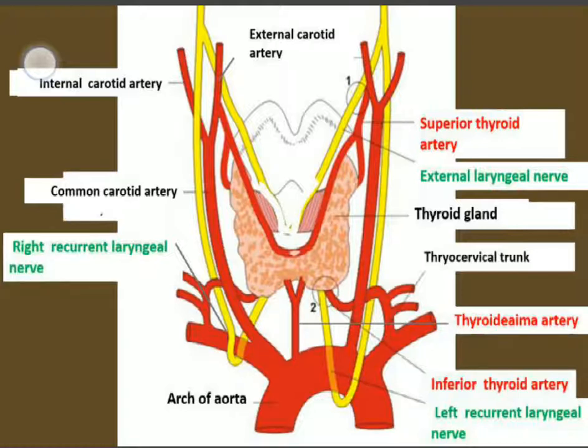This is the inferior thyroid, and the ascending branch of the inferior thyroid anastomoses with the posterior branches of the superior thyroid artery, and this posterior branch also supplies the parathyroid glands.